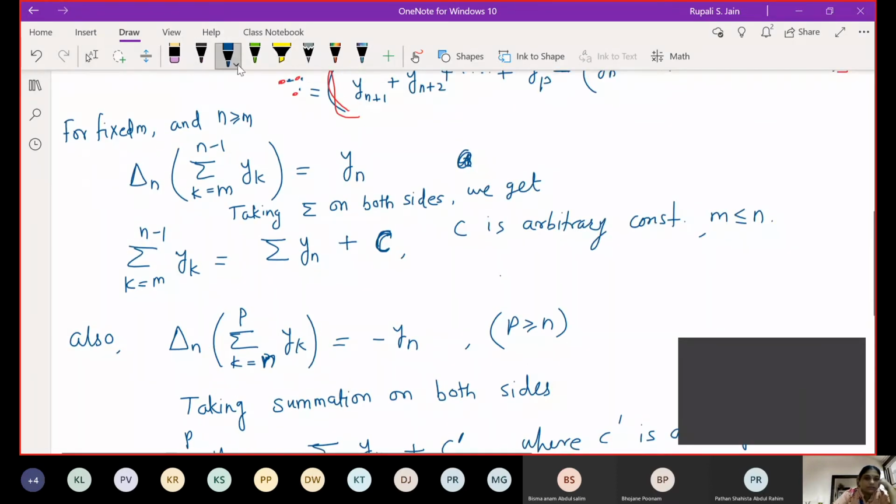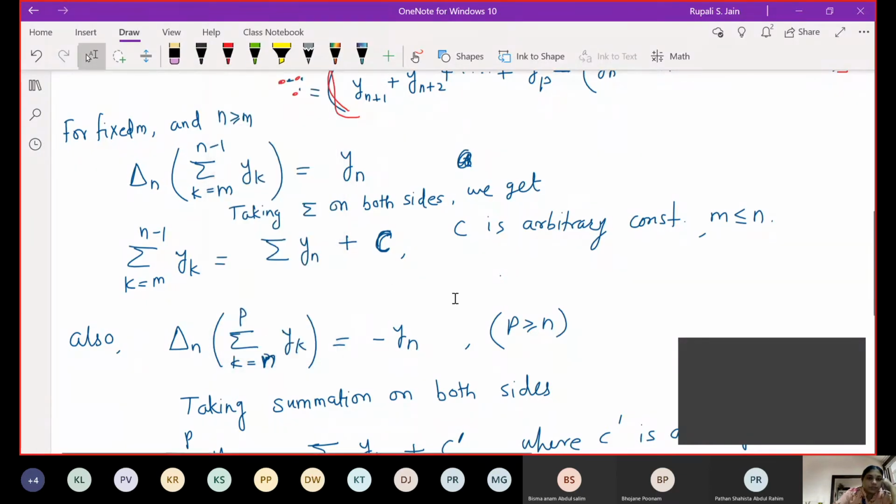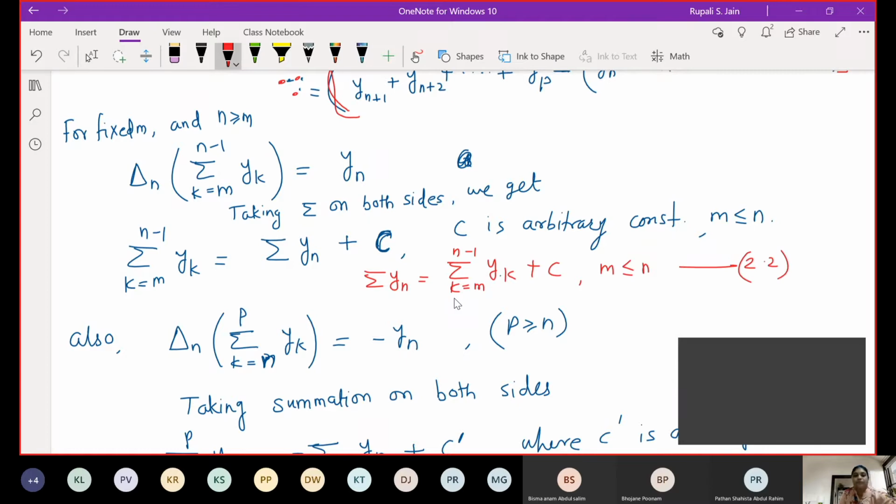That I can rewrite as the summation yn is equal to the summation k is equal to m to n minus 1 of yk plus c. Can I write like this? When m is less than or equal to n, and I will give this as 2.2. Can I write like this? Yes, ma'am.